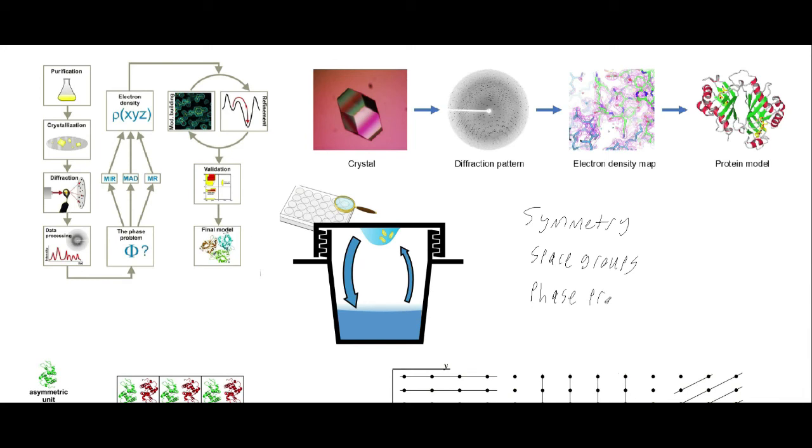If you've already watched my video on cryo-electron microscopy, which is mostly about single particle analysis, you will notice that these are all things that do not come up in that, which is one of the things that makes cryo-electron microscopy so much simpler, at least in my opinion.